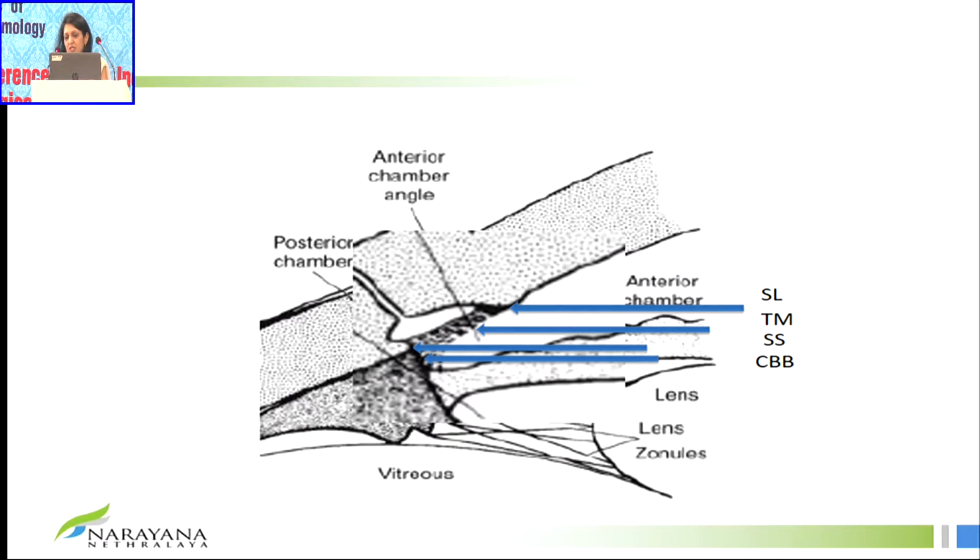So these are the structures that you see in a normal angle. Schlemm's canal is not normally visualized unless it is filled by blood. The situations when it may be filled by blood are if you're pressing too much on the eye, or if there's hypotony, or in conditions like a carotid cavernous fistula.